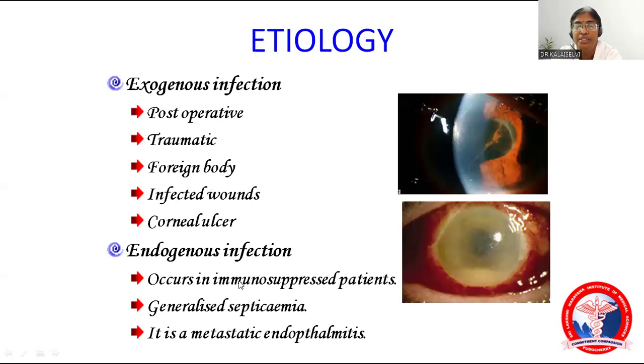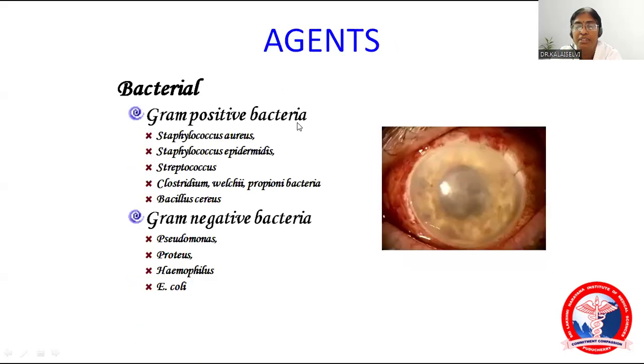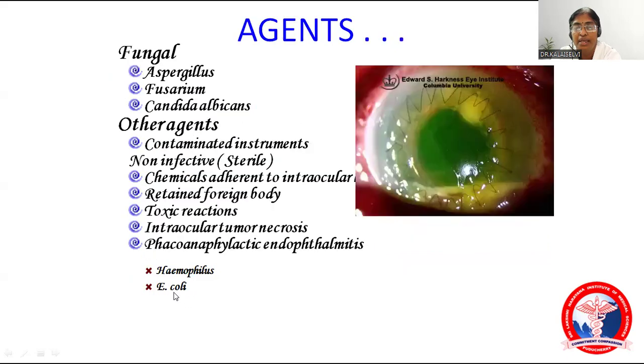And endogenous occurs in immunosuppressed patients, and if there is any generalized septicemia, it is also in the metastatic infections. Now, the organisms which cause endophthalmitis: we have bacterial, gram positive and negative. Positive are Staphylococcus, Staphylococcus epidermidis, Clostridium, and Bacillus cereus, and negatives are Pseudomonas, Proteus, Haemophilus, and the fungal ones are Aspergillus, Fusarium and Candida. Other sources are contaminated instruments.